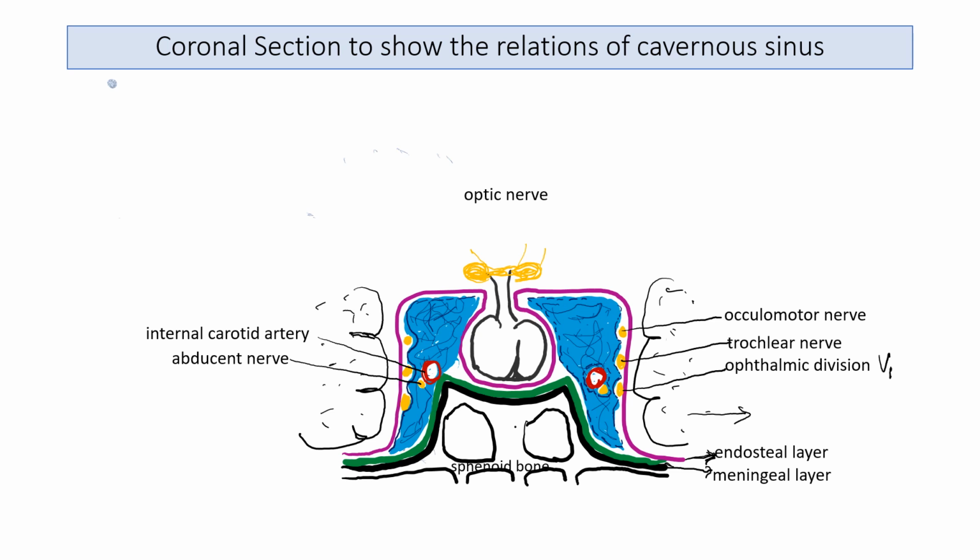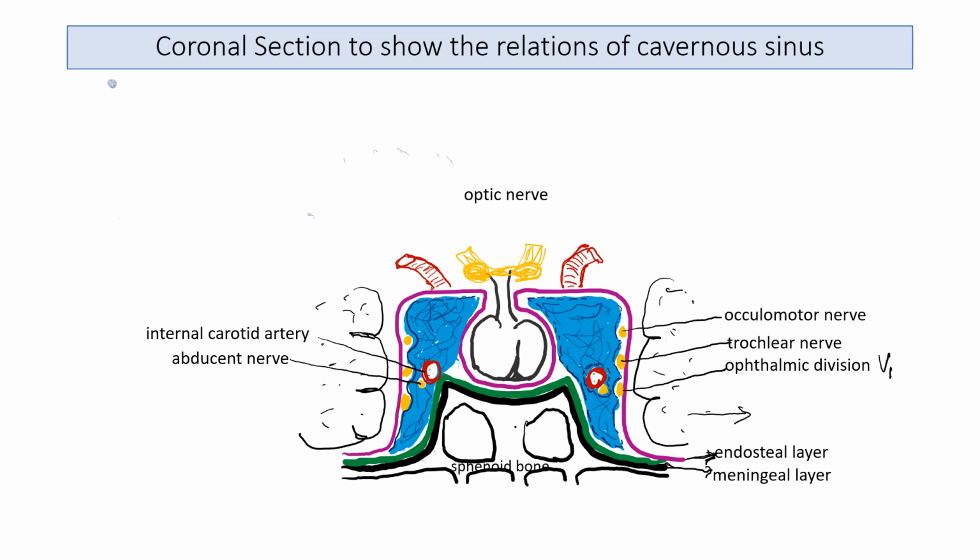Okay, so the optic chiasma is related here like this, and here I can make the internal carotid artery exiting from the anterior end, actually anteriorly from the roof. This internal carotid artery makes its exit. So this is the internal carotid artery, in the anterior part of the roof like this.